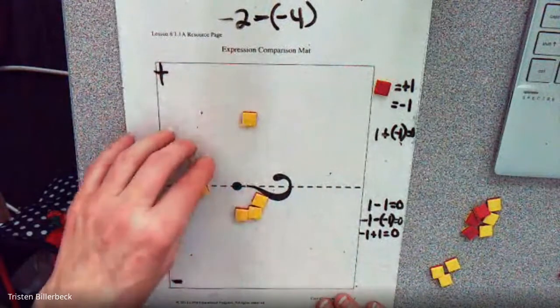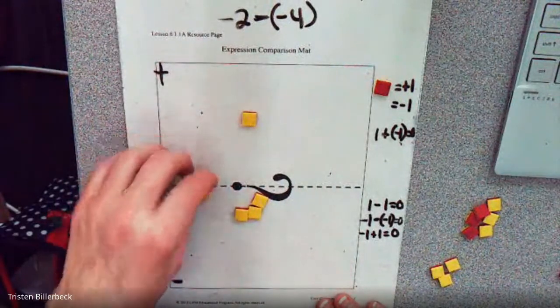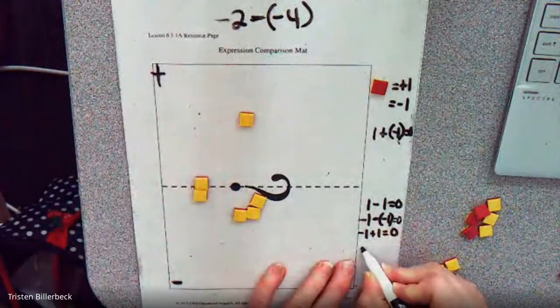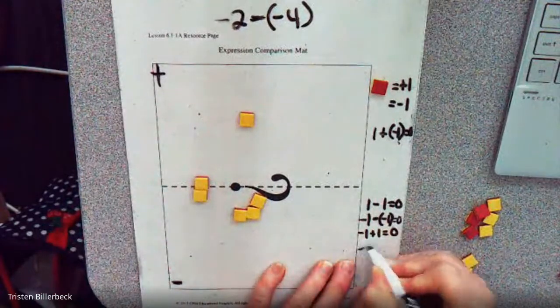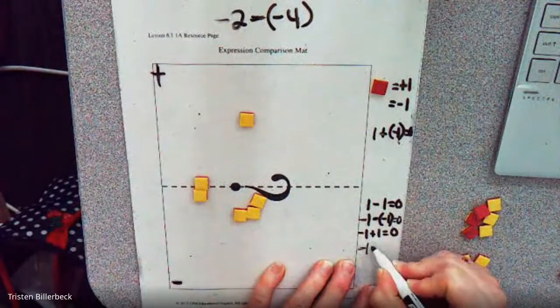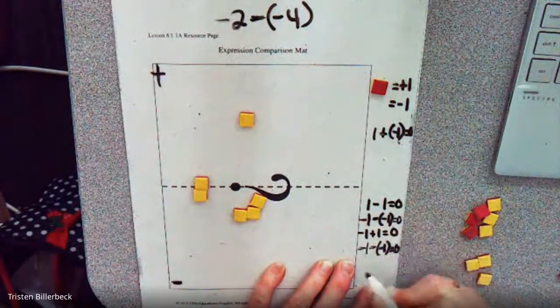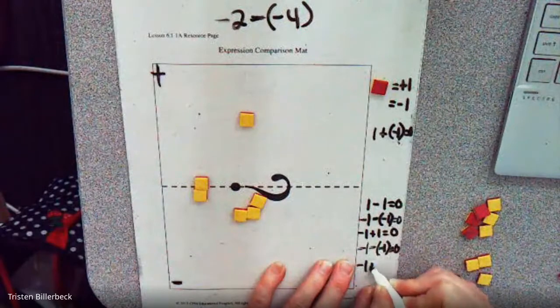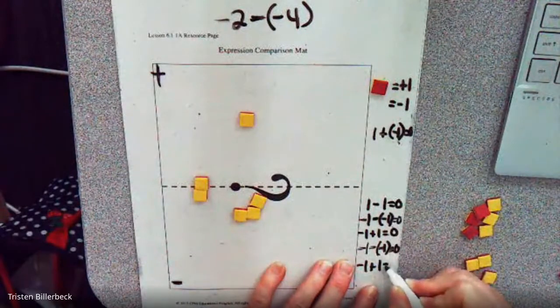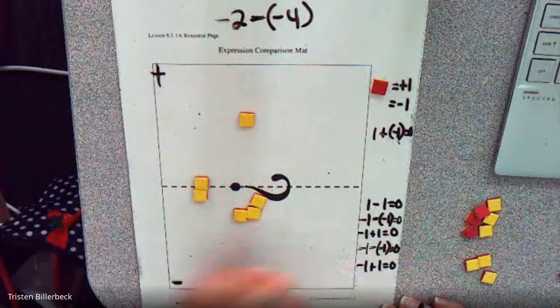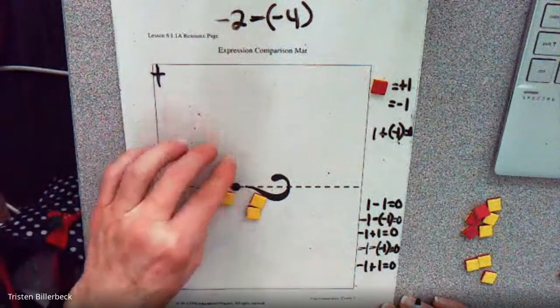I have a 0 because -1 minus -1 is 0, because that's just really -1 plus 1 is 0. So that's a 0, and that's a 0.